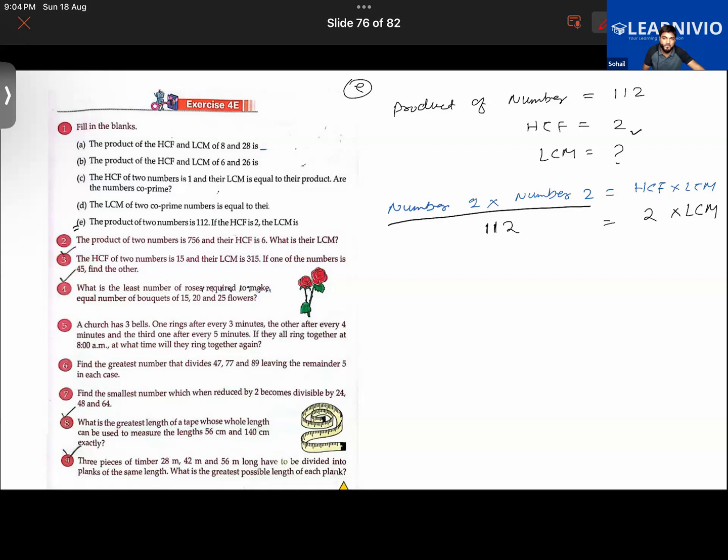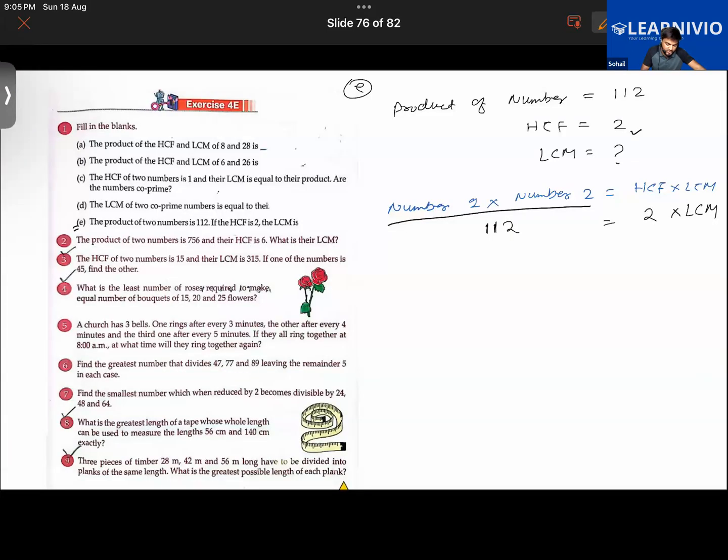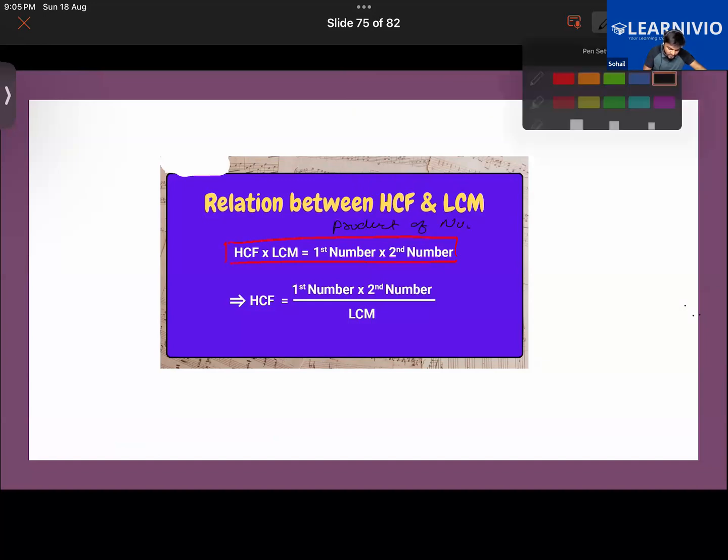Previously, while we were learning about this, we know that if three of the quantities are given, the fourth quantity can be found. In this question, the product of the numbers is given and the HCF is given. You have to find the LCM. HCF multiplied by LCM equals first number multiplied by second number. Let us just call this the product of numbers.